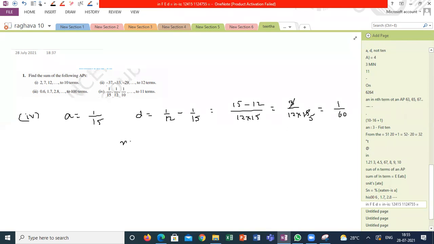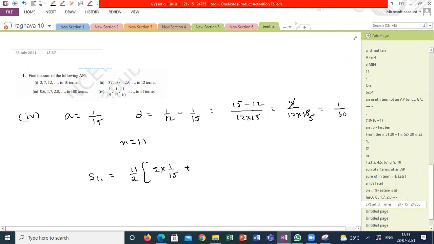He is asking S11. S11 is equal to 11 by 2 into (2 into 1 by 15 plus (n minus 1) into d), that is 10 into 1 by 60. So 10 cancels. This will be 11 by 2 into (2 by 15 plus 1 by 6).